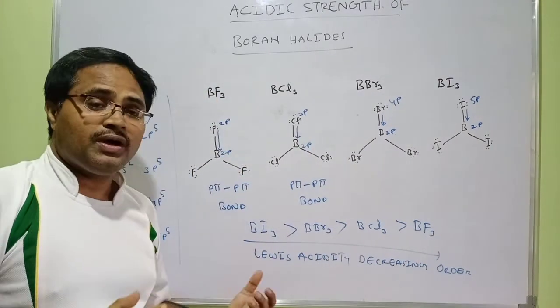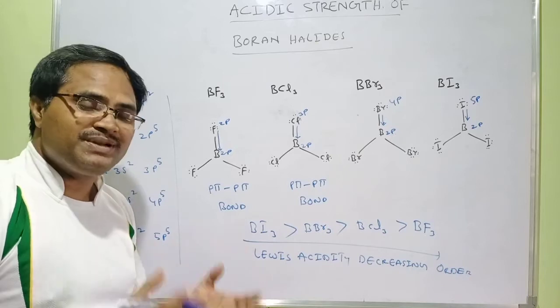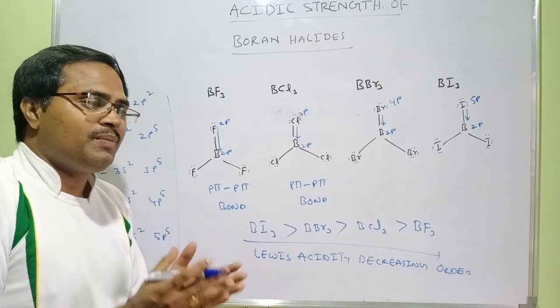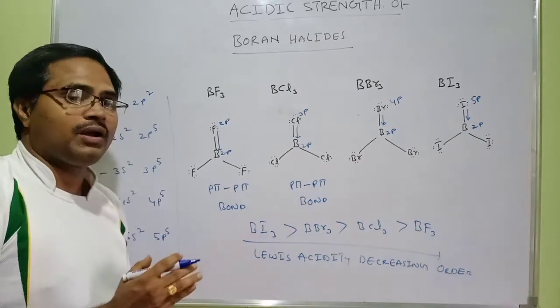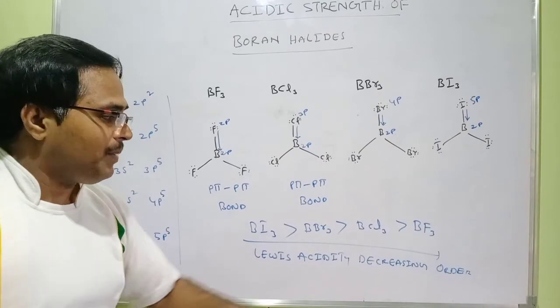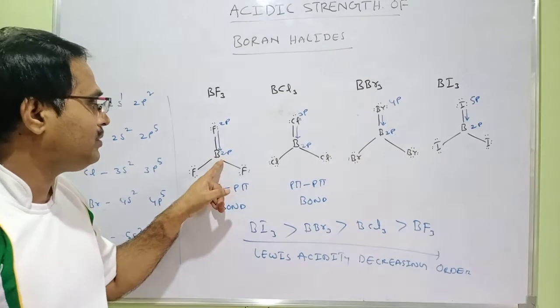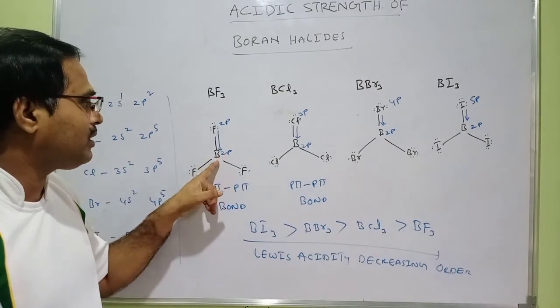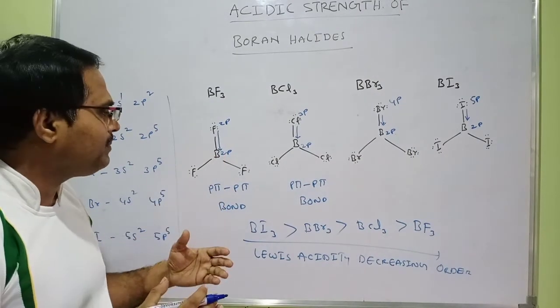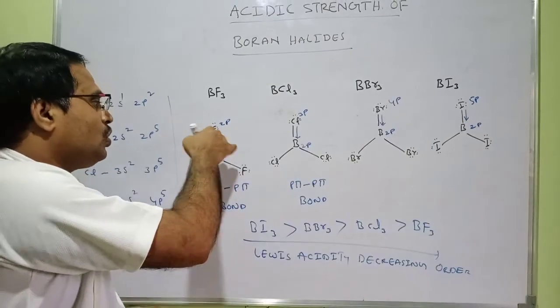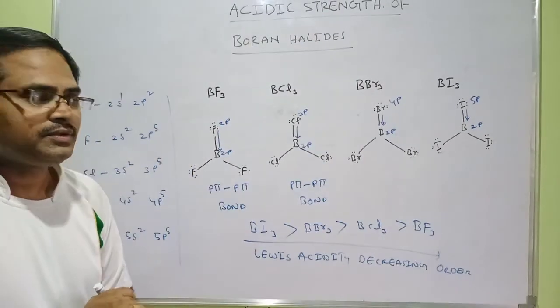So BI3 is a strong acid because you have more empty space at boron. BF3 is a weak Lewis acid because the empty 2p orbital at boron is almost completely filled by the lone pair of the fluorine.